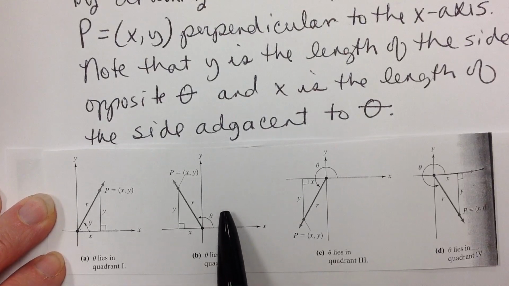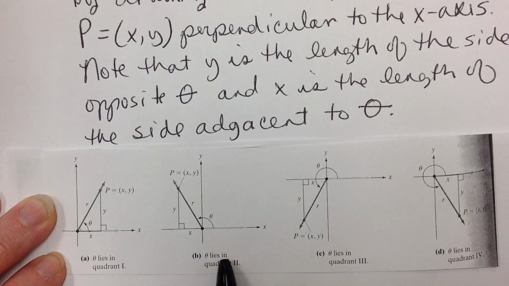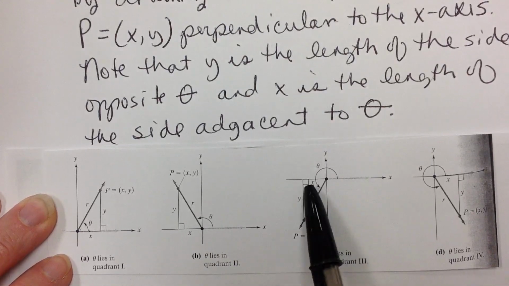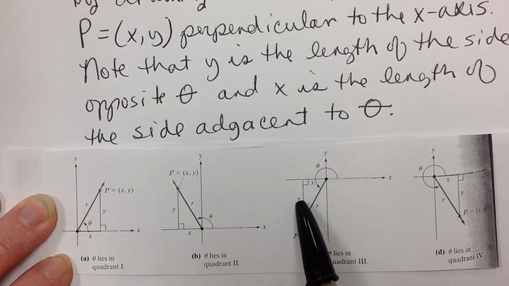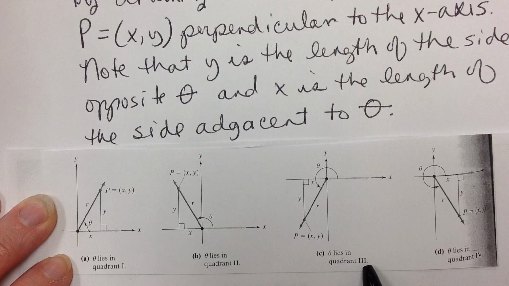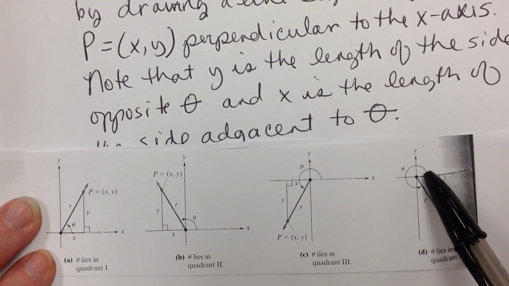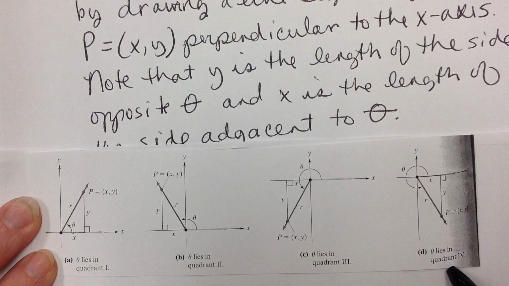You see we have the same situation with the triangle and theta lying in quadrant 2. We have the same situation in quadrant 3, where theta lies in quadrant 3. We have the same situation on the last one, where theta lies in quadrant 4.